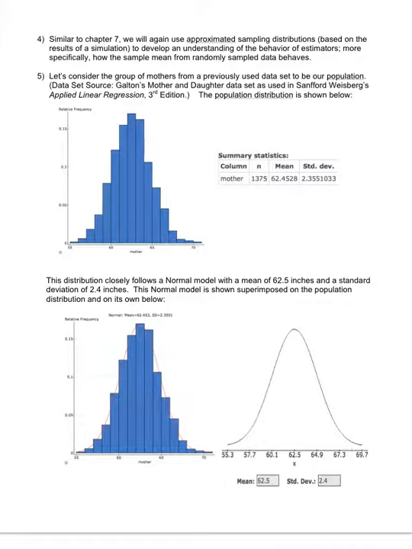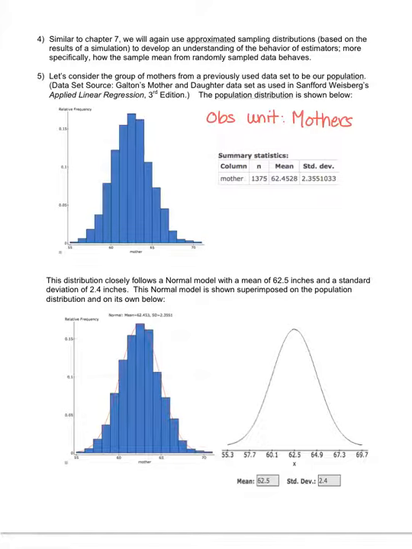And so let's consider a group of mothers that we've seen in a previous data set to be our population. So the population distribution is shown below. And notice that along our x-axis here, we have it labeled mother. That's a good indication to remind us that our observational unit for this is mothers, or mother.